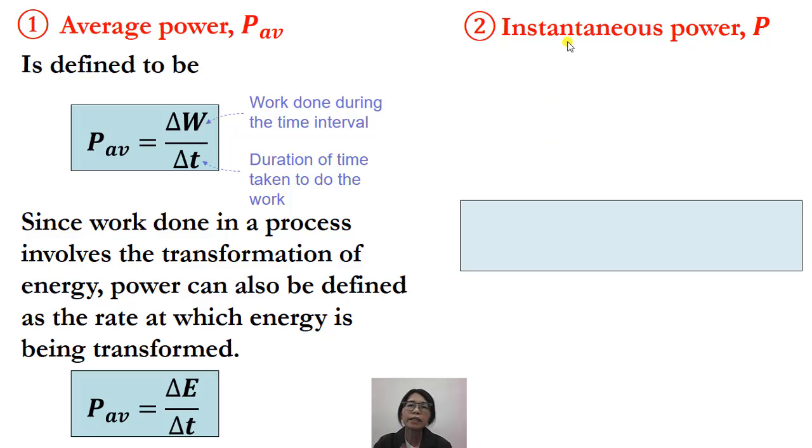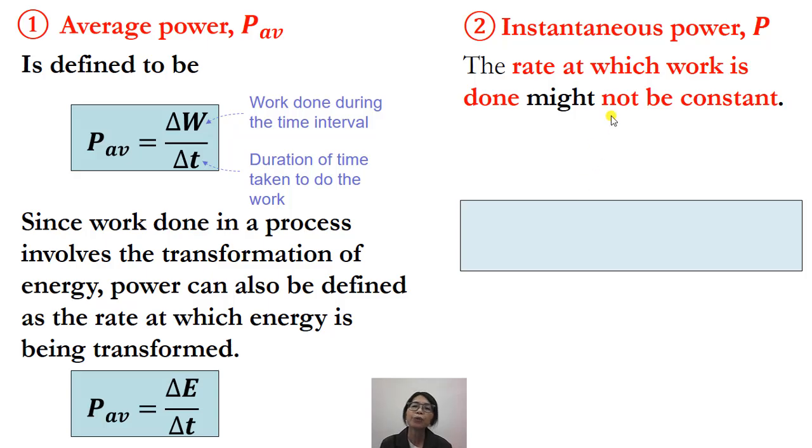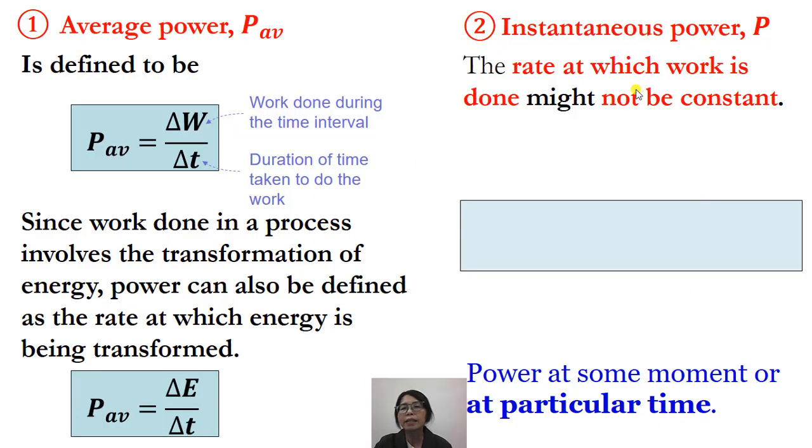Okay, the instantaneous power might be different from average power because the rate at which work is done might not be constant. So the instantaneous power refers to the power at some moment or at a particular time. For example, instantaneous power at time 20 seconds, or the instantaneous power of a car when the car is moving at 10 meters per second, or the instantaneous power of a lorry when the lorry is moving at 120 kilometers per hour.